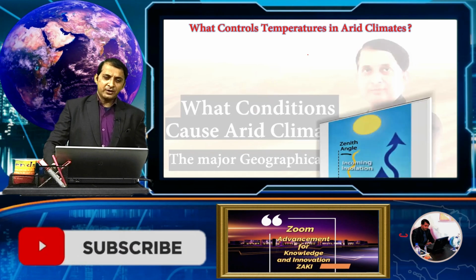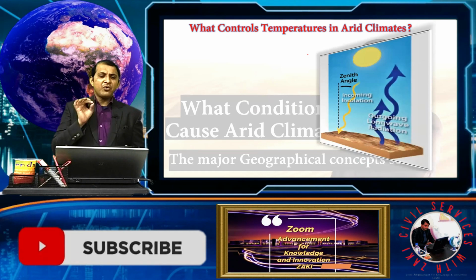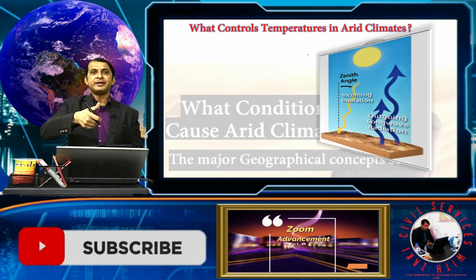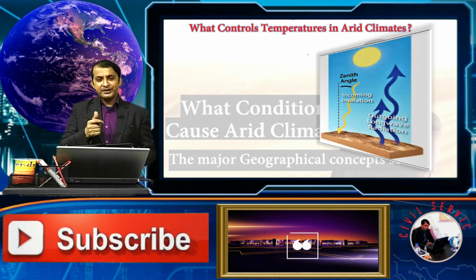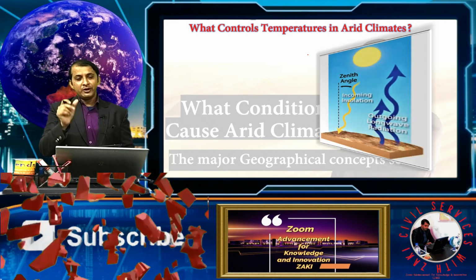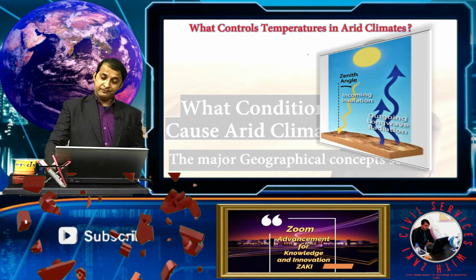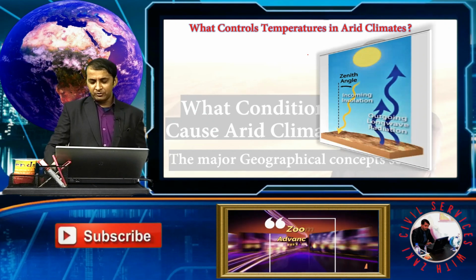We move further and see what controls the temperature in the arid climate. What are the conditions of control in the arid climate in the subtropics?